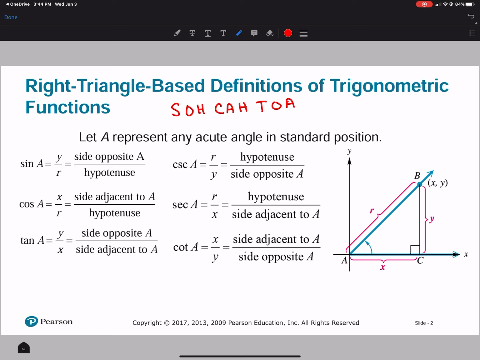Hypotenuse. Cosine is equal to adjacent over hypotenuse, and tangent is equal to opposite over adjacent. So you may have seen this before. If you have not, then make sure you write it down. This is the easiest way to remember them when you're going through them.